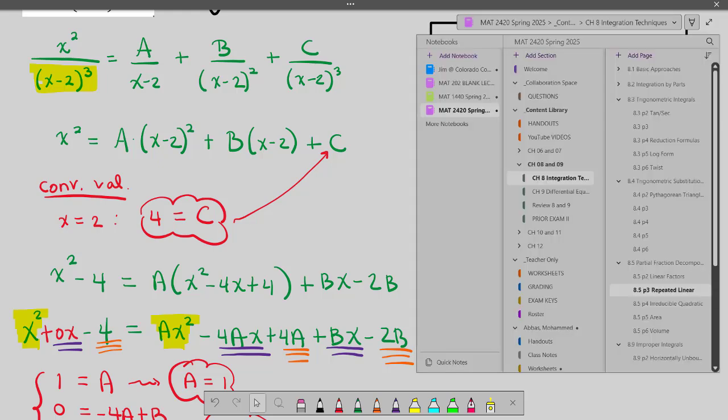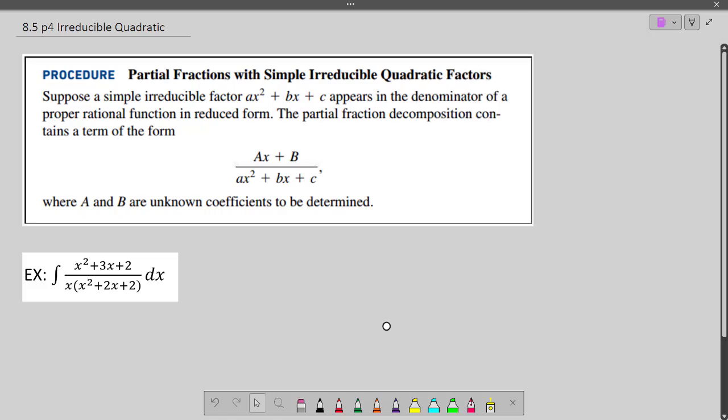Let's get to the quadratics. So here is the only difference. You've got an irreducible quadratic in the denominator. Notice the numerator is not a constant anymore. We want each of these fractions to be sort of a proper fraction.